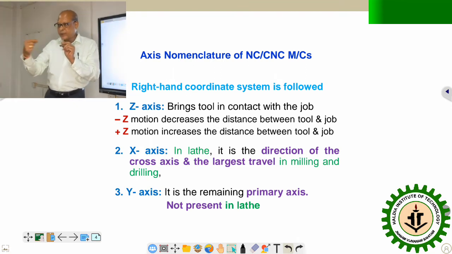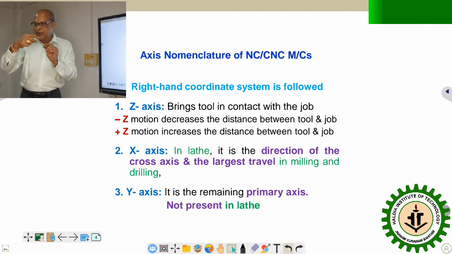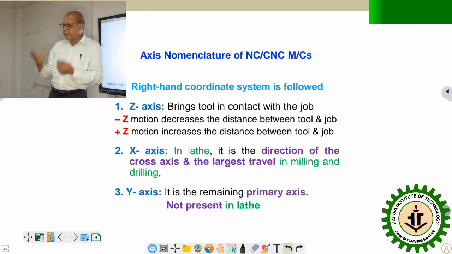So if you apply the depth of cut from any radial direction, it will have a uniform, the same effect. That is why any third axis, that is y-axis, is not required. If you consider it, it will be redundant.